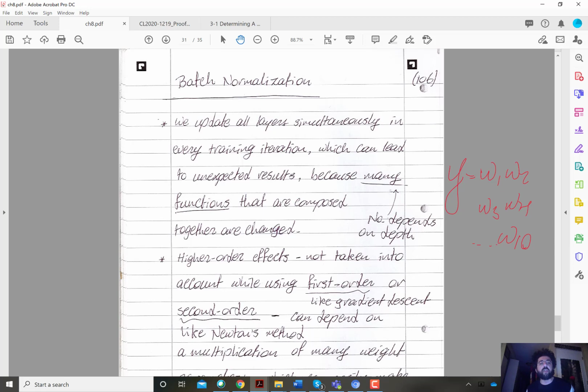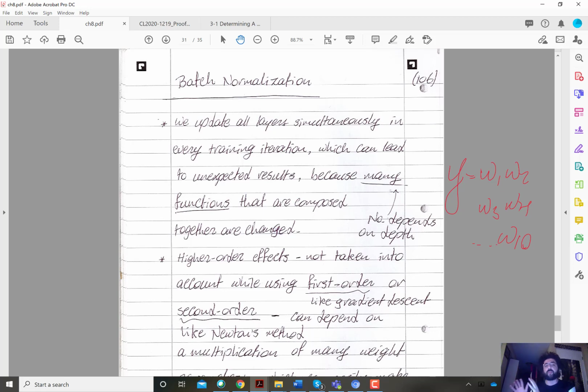Now, after I update the parameters, I am updating all 10 values. That could lead to unexpected results because this update was computed based on a gradient that assumed the current values for the parameters. If there is a multiplication of many of these parameters and I'm updating all of them, then that update can lead to results that the gradient didn't take into account.